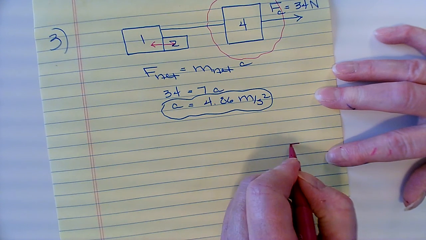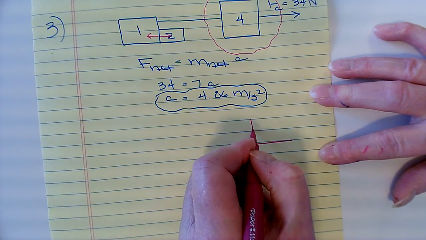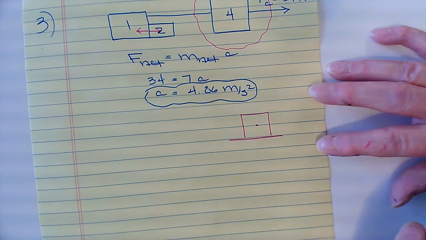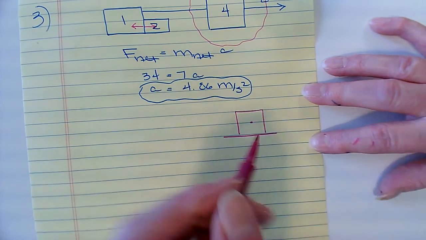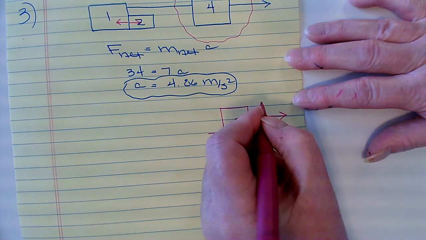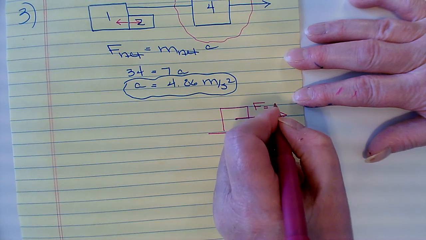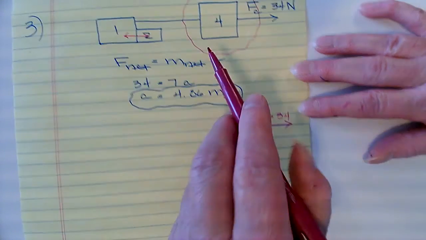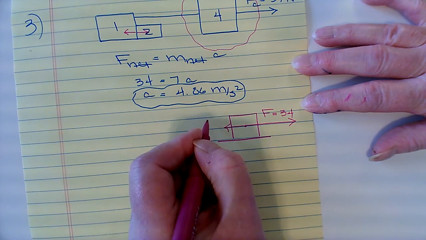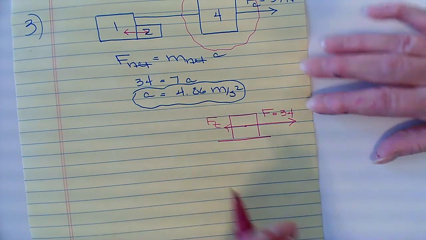So I'm going to come down here, and I'm going to draw my 4 box. I'm going to kind of turn it into a dot. And again, we have F_W and F_N that are not so important right now. And I'm expecting the system to go this way, so I'm going to make this F_A a long arrow. And coming off the other way is a little bit of string, so we'll do a little bit of F_T.